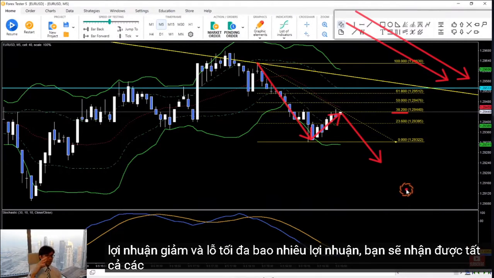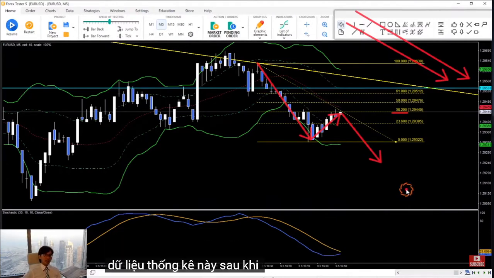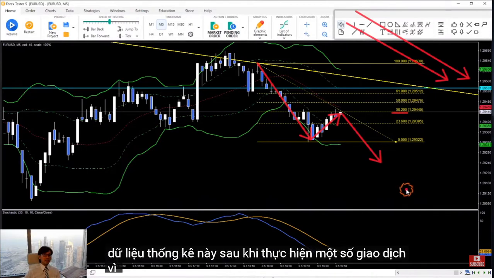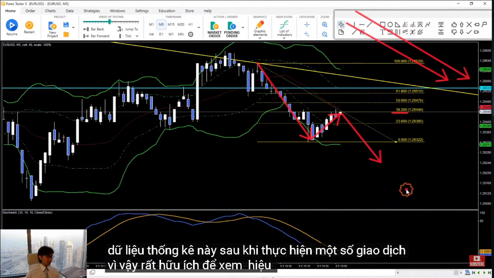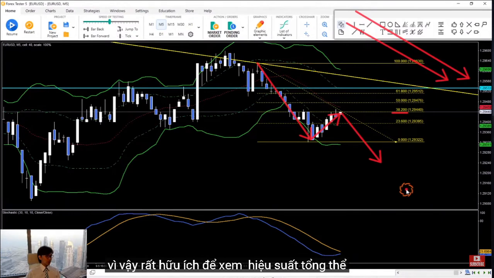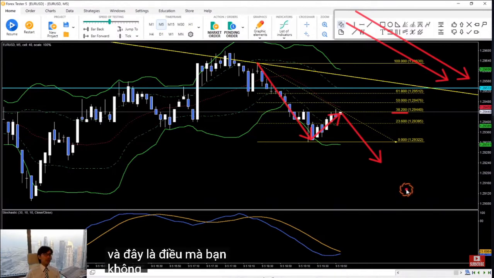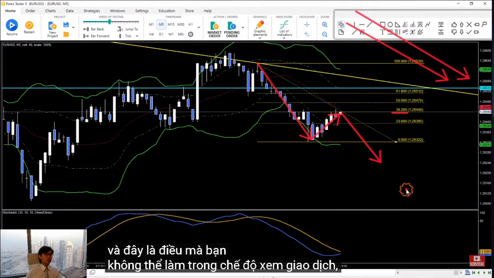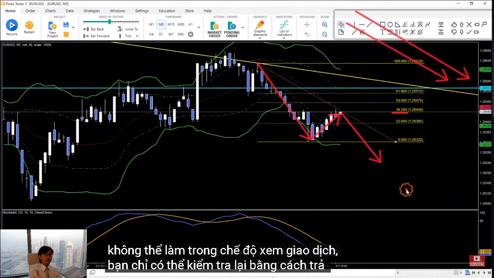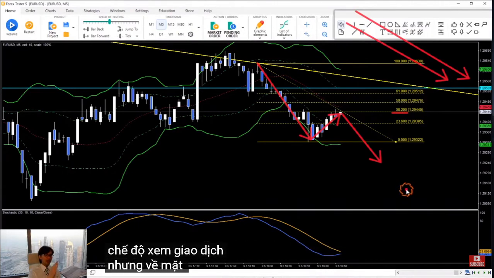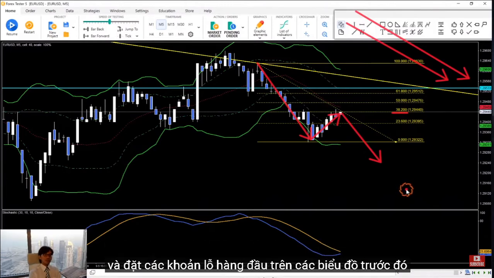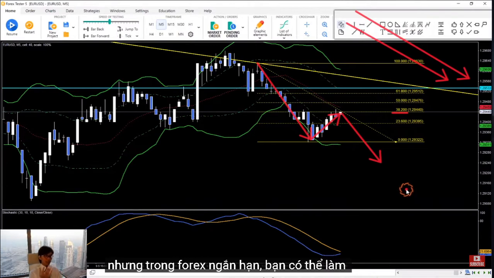You get all these stats after taking some trades. So yeah, it helps to see overall performance. And this is something you cannot do in TradingView. You can just backtest by bar replay on TradingView, but you cannot technically take trades, exit, and place stop losses on the previous charts. But in Forex Tester, you can do it.